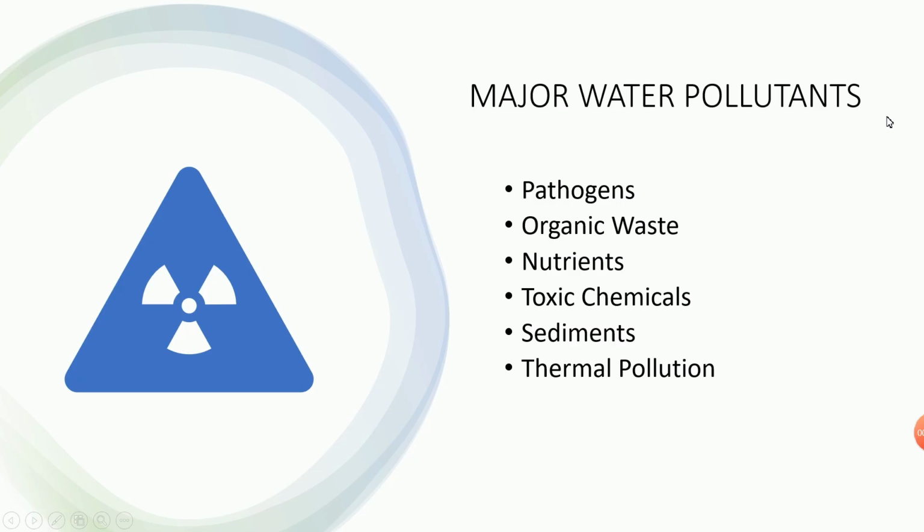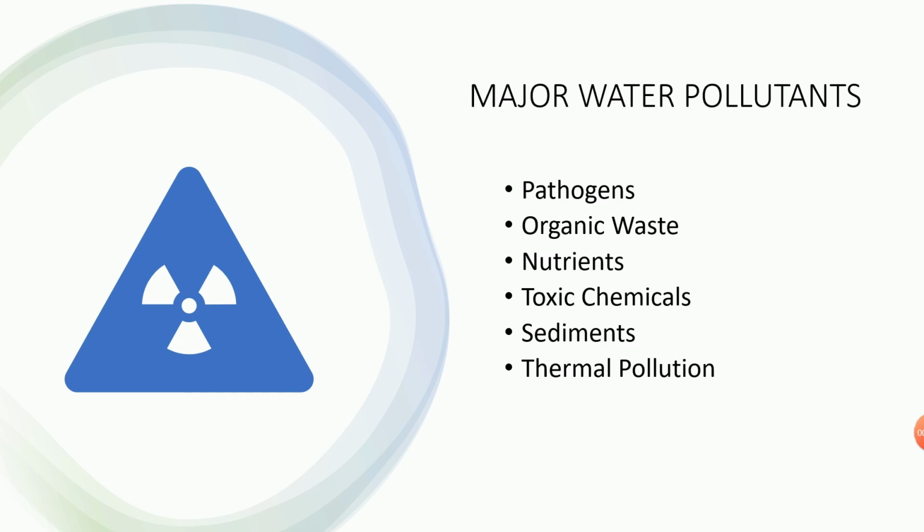So what are the major water pollutants? First is pathogens, which is simply microbacteria, viruses, all those things. Then organic waste, like fruits and vegetables, the peeling of vegetables, onions and all. If we dump it in the water areas, that is organic waste.